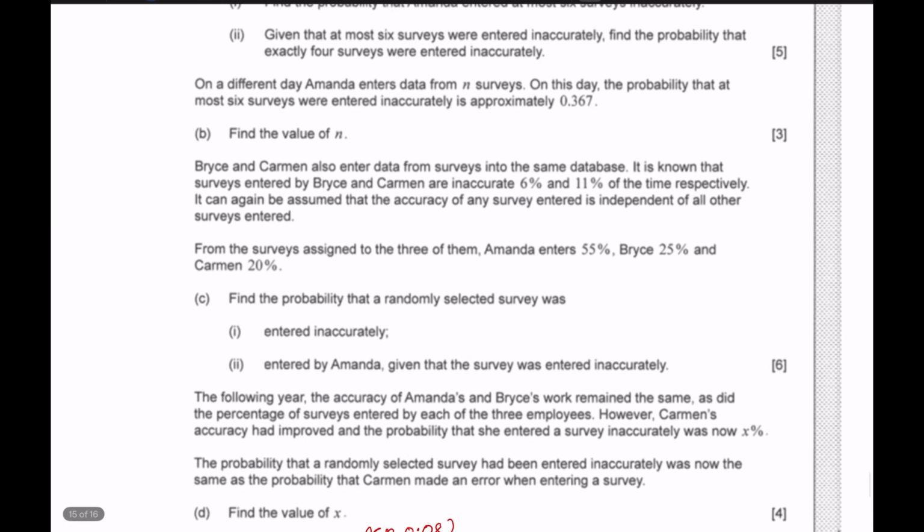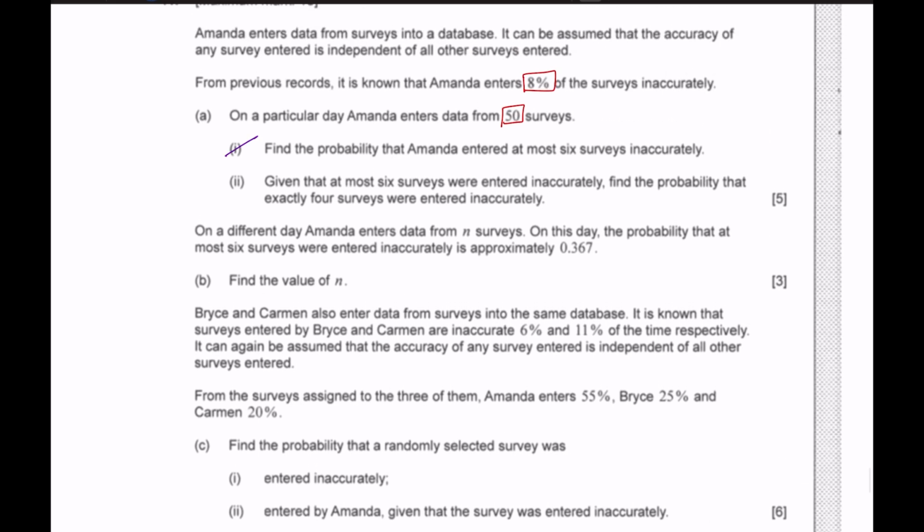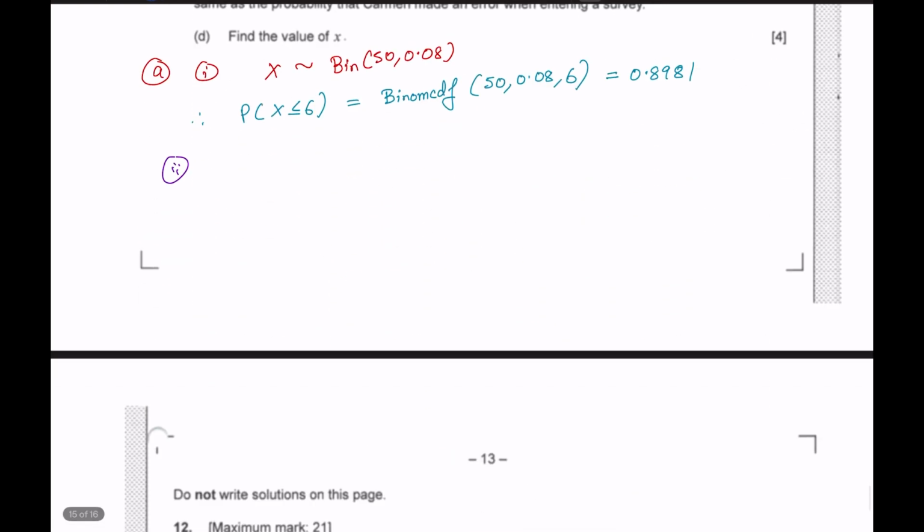Now, coming to the next part. Given that at most 6 surveys were entered inaccurately, find the probability that exactly 4 surveys were entered inaccurately. So that's conditional probability. P of x equals 4 given x less than or equal to 6. So this will be P of x equals 4 intersection x less than or equal to 6, divided by P of x less than or equal to 6. Now x equals 4 exactly lies completely within x less than or equal to 6.